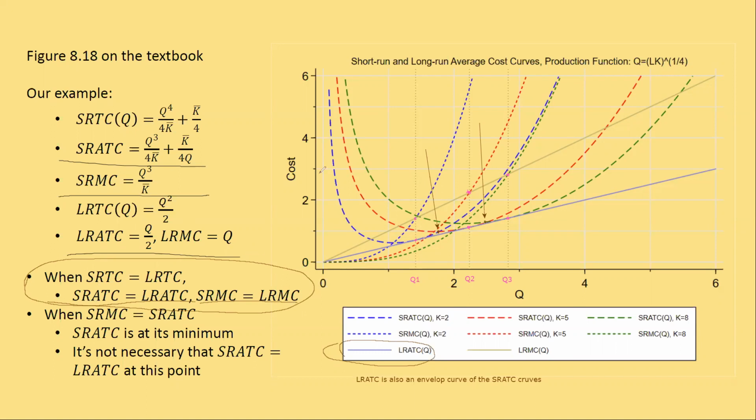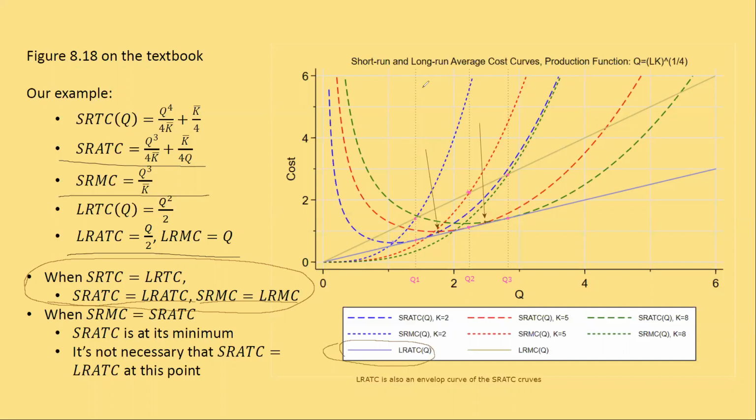And another set of points that we want to mark, or the relationship we want to emphasize, is when the short run MC equals the short run ATC. And if you recall, we have said that when they are equal, they are hitting the minimum point of our short run ATC, right?